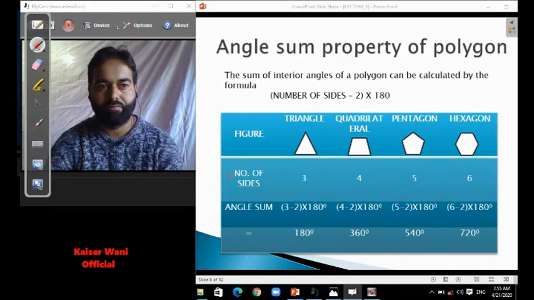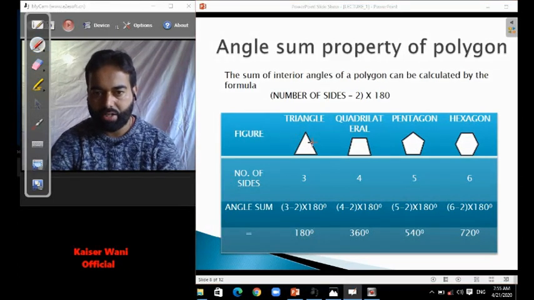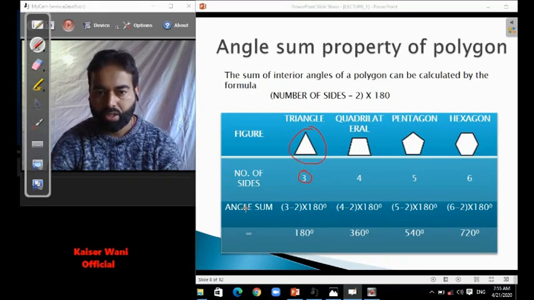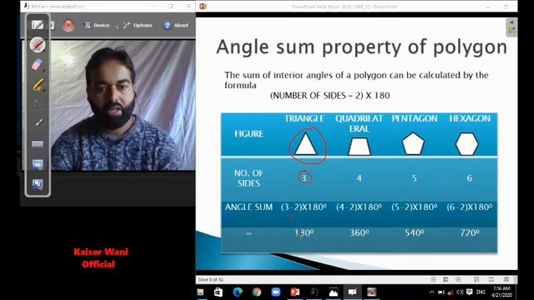Let's take an example. Here, a triangle. Number of sides is 3. So the angle sum is (3 minus 2) into 180. 3 minus 2 is 1. 1 into 180, that is 180.